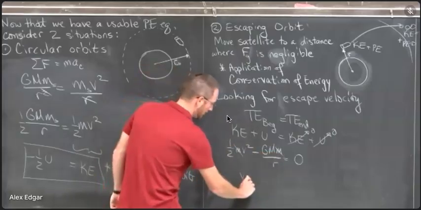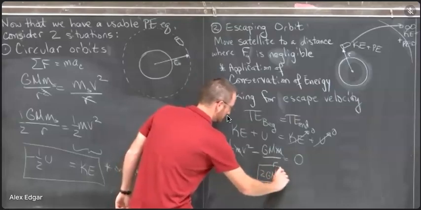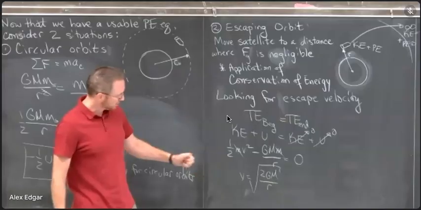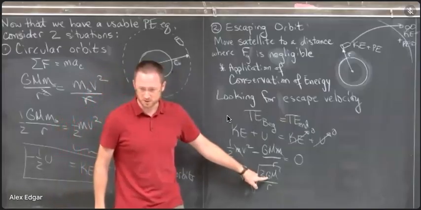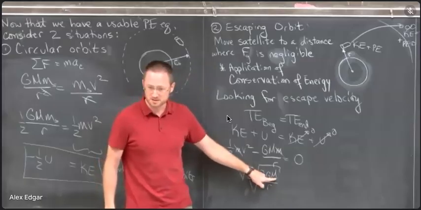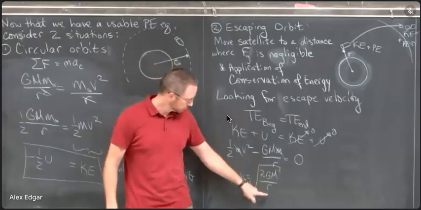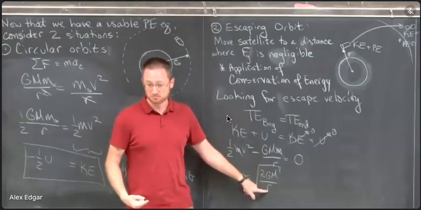So rearranging this, notice that what matters is what universe we're in. That's your gravitational constant G. What matters is what is the thing that you are leaving and how big is it.